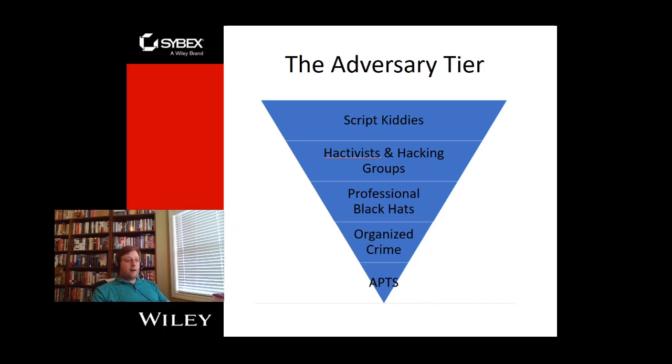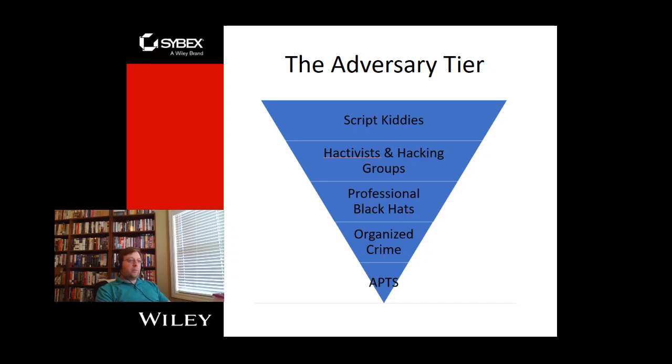For example, I think any company of any size out there has had to deal with script kiddies. This is a term that we've talked about in some of our other classes, but a script kiddie is somebody who is a very basic hacker. They may have access to tools that they don't necessarily understand, but that doesn't stop them from getting out on the internet and seeing what they can get into, mainly because they're bored, I think, in at least some instances.